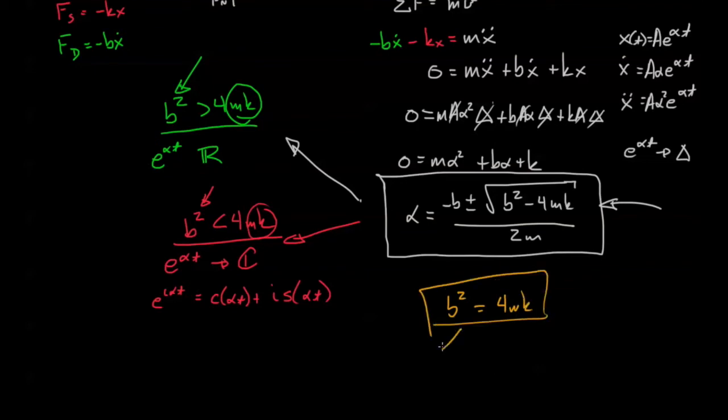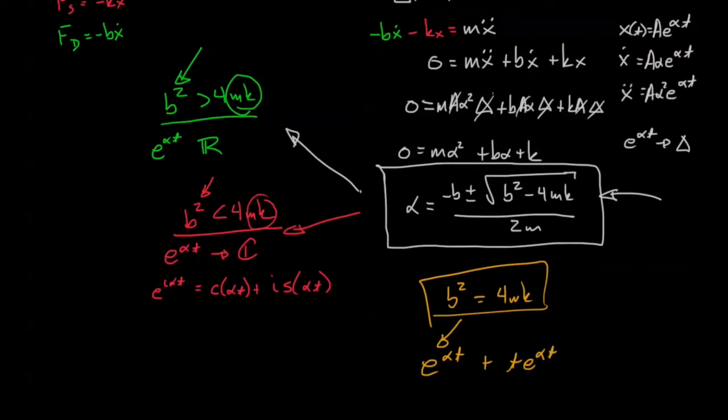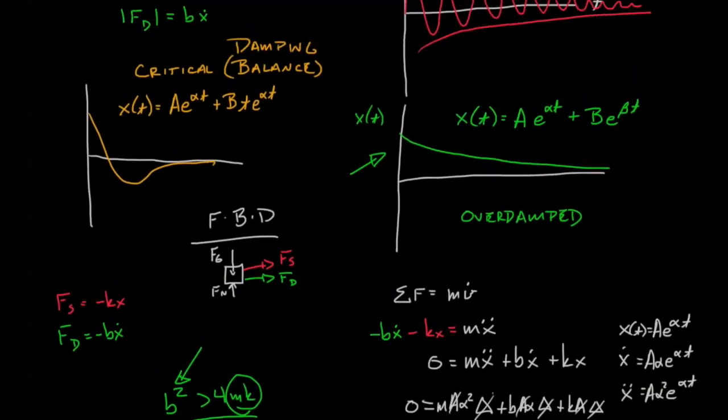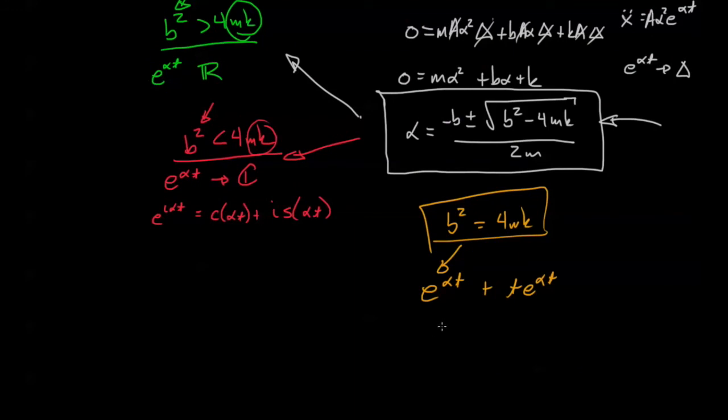In that case, we have an e to the alpha t, and from your recollection of fourth semester calculus, you might have some other term, t e to the alpha t, and this should look familiar. And in this case, alpha is easily negative b over 2m. This is one of the more interesting solutions, because I see it as the perfect balance between spring and damping.